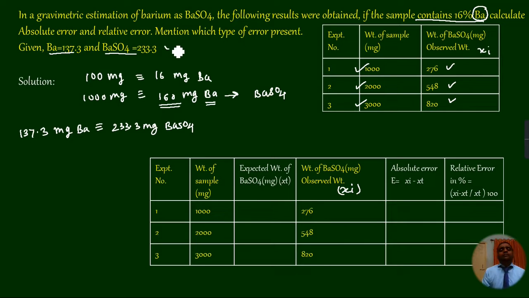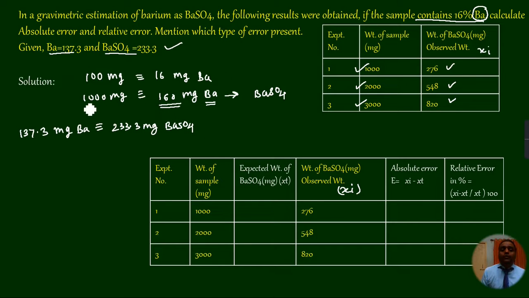Right, from this information, we can definitely say that 137.3 milligrams of barium will be corresponding to 233.3 milligrams of barium sulfate.